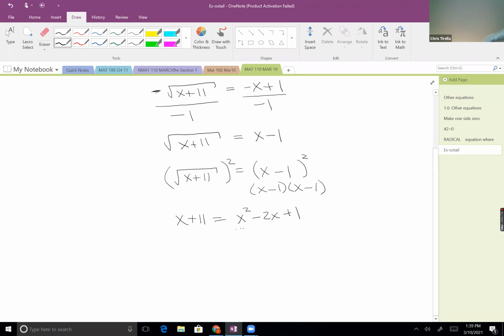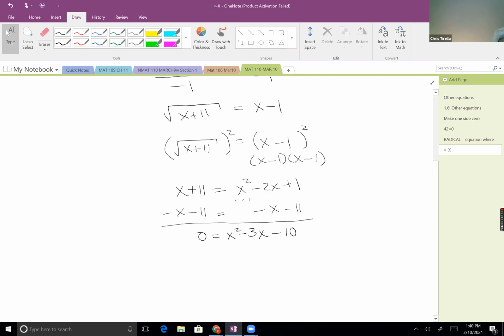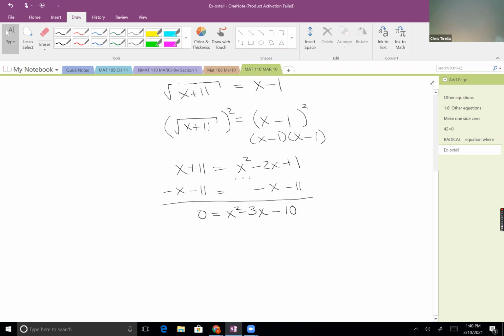Now I've got this second degree equation. So to solve this second degree equation, let's start by making one side 0. Which gives me 0 equals x squared minus 3x minus 10. Again, if you want to, you can complete the square, or you can use the quadratic formula.